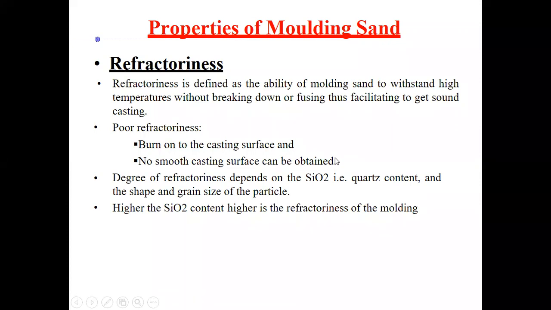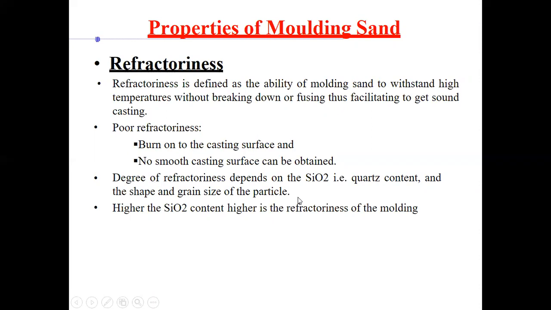The surface finish of the casting in sand mold casting depends on the molding sand, right? So if it has poor refractoriness, then the surface finish will be poor. So that is what comes off as one defect, and burn onto the casting surface also.